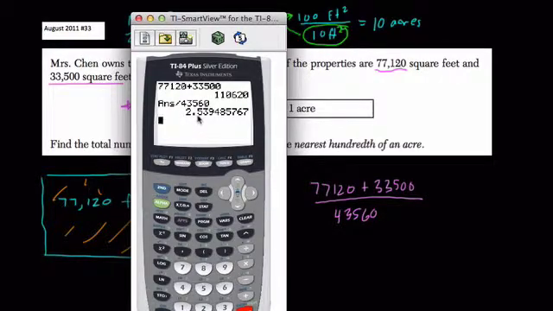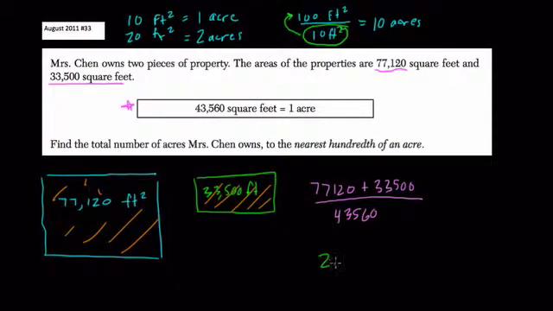So the 5 is tenths, this 3 here is hundredths, so we round that 3 up because the 9 over here in the thousandths place is in the 5 or above range, so you round up when your digit to the right of whatever you're rounding is 5 or above. So we get 2.54 acres.